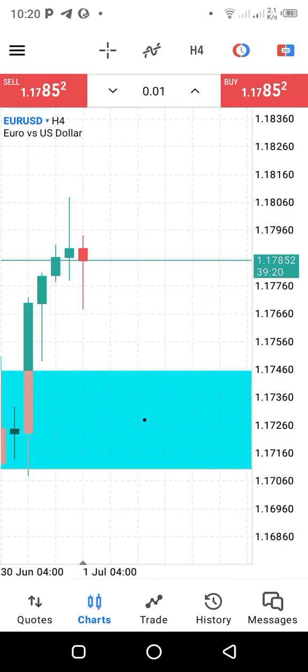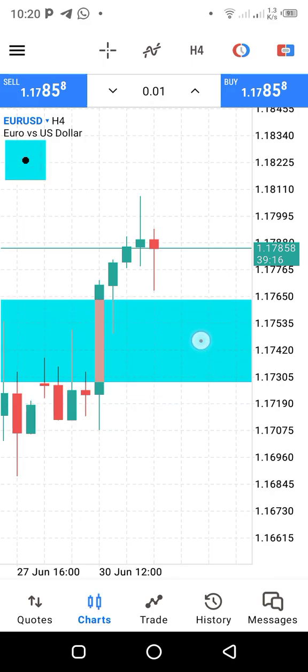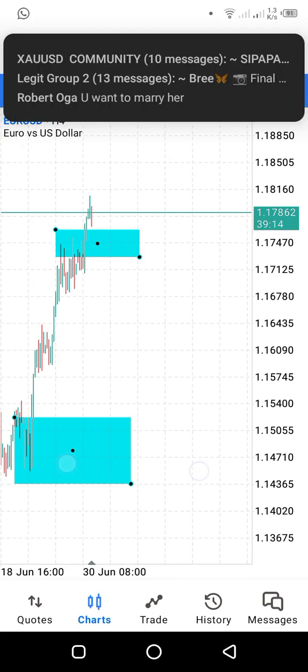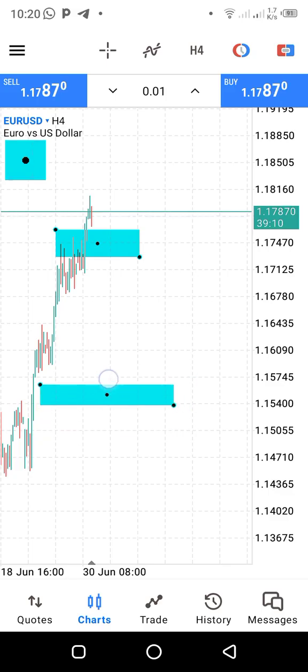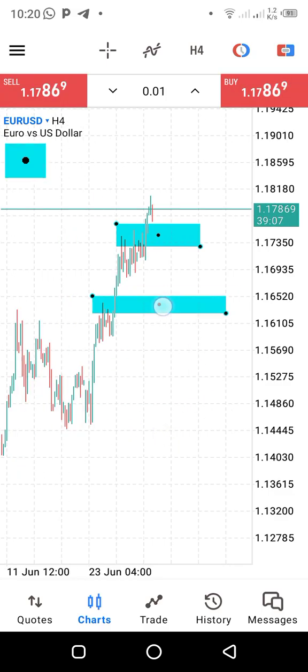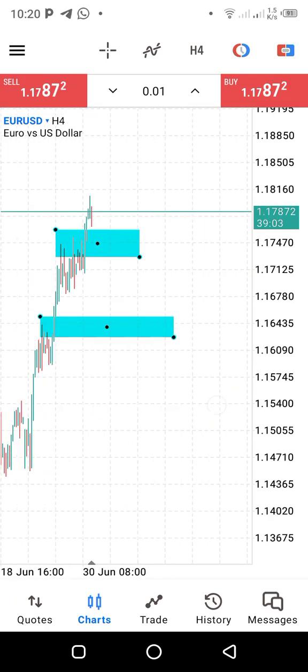So what do we notice on the H4? Well, on the H4 we notice that we already have a fair value gap. For people who trade fair value gaps, this is where you can simply take your entries. You see, this fair value gap around here.